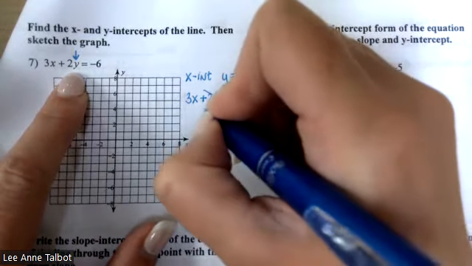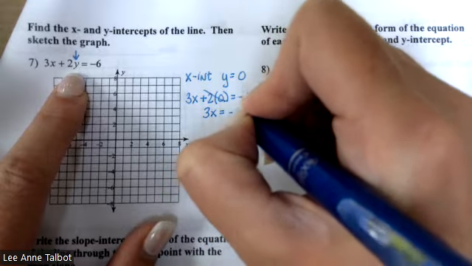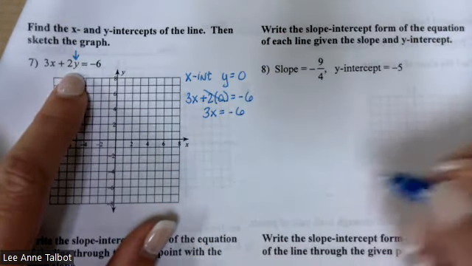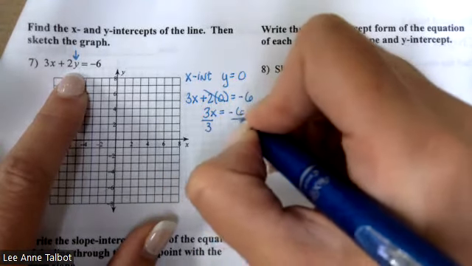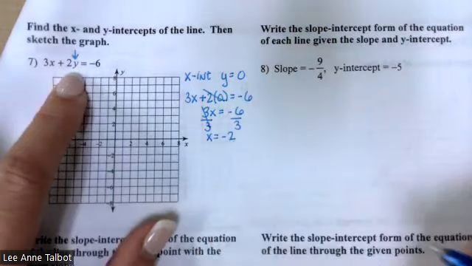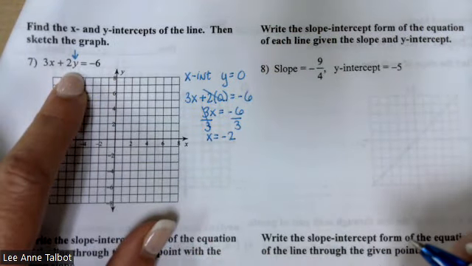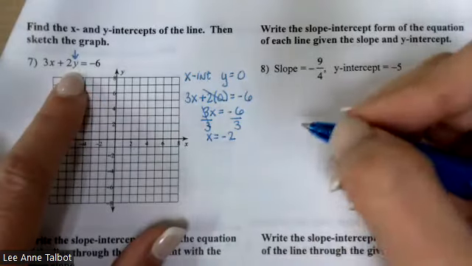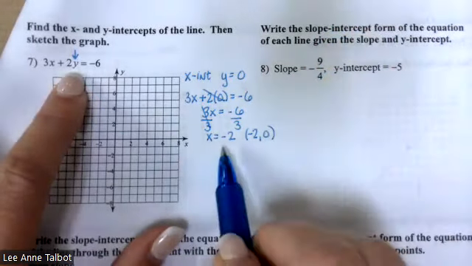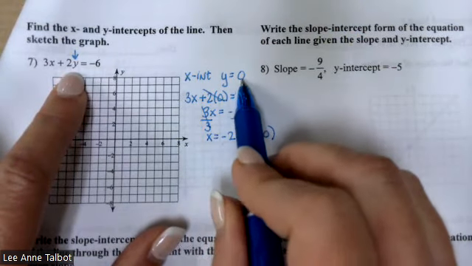This just goes away, and I have 3x equals -6. Divide by 3, x equals -2. So that is the coordinate -2, 0. So you go in your coordinates x, y.